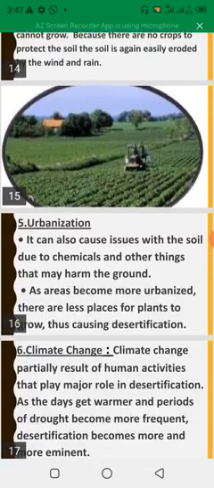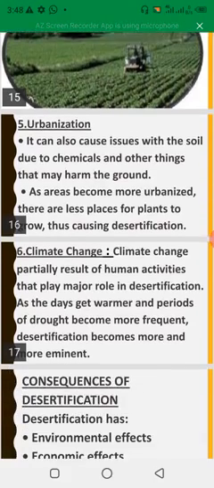Then number 5 is urbanization. Urbanization is a process where people from rural areas are coming to the city. The available land in the city is being cultivated, therefore turning the areas into desert.